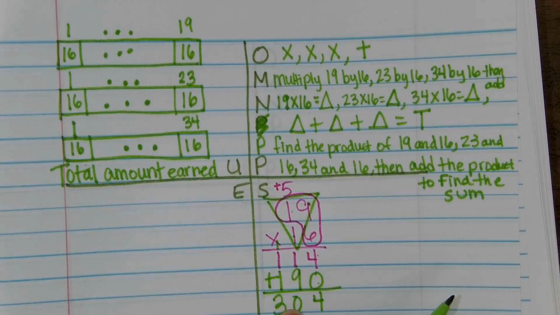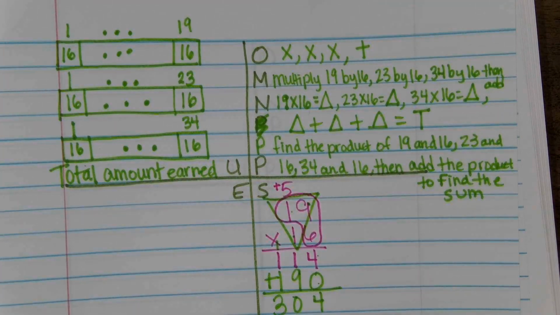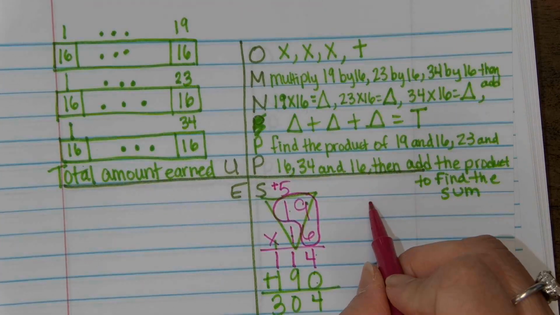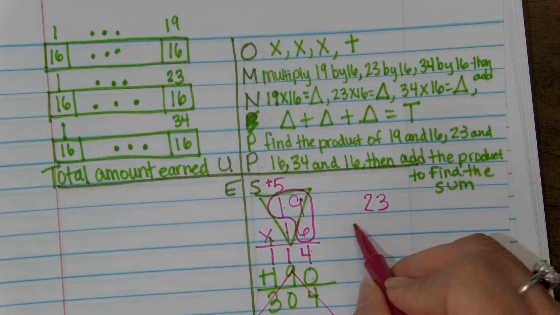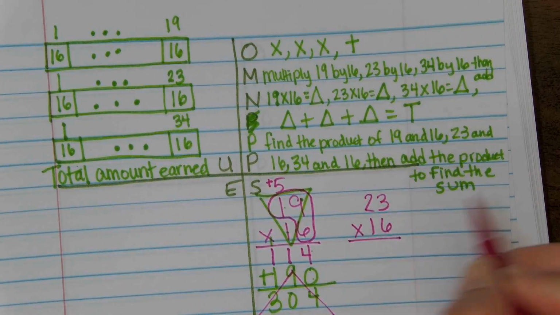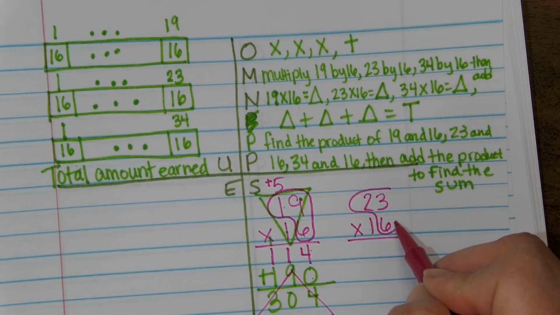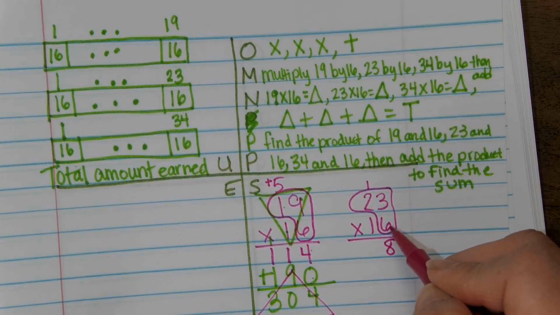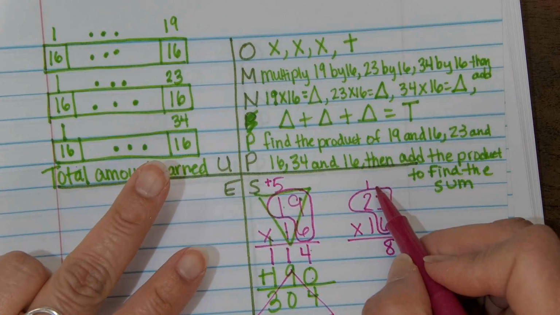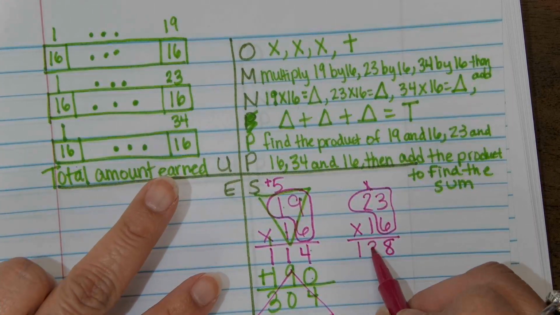I'm going to solve for my second week. So my second week is 23 times 16. So that's one triangle. 23 times 16. 6 times 3 is 18. 6 times 2, 6, 12. Plus 1 is 13.